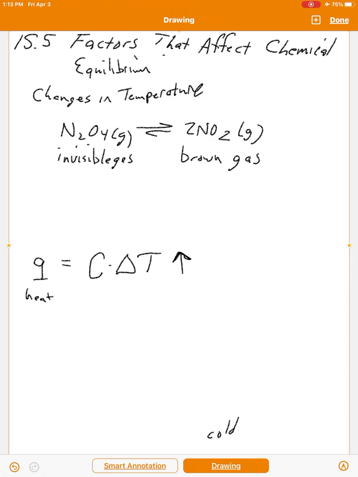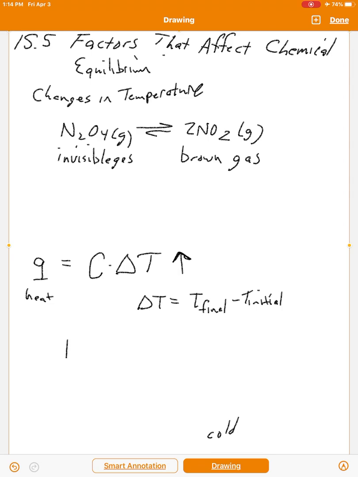The final temperature minus the initial temperature. What we're doing is we're really adding heat. By increasing the temperature of something, we've added heat to it. By decreasing the temperature of something, if delta T is negative, so we're decreasing the temperature, we're removing heat from something.